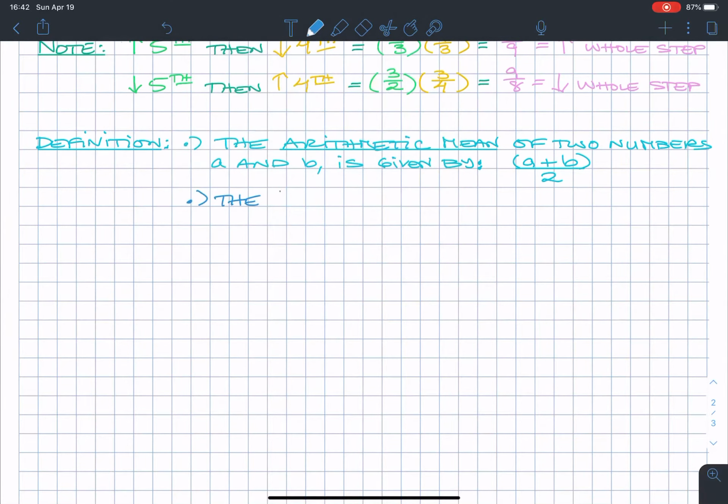So the harmonic mean is given by 2 times AB over A plus B. So this is a bit different. This is kind of a strange entity here.